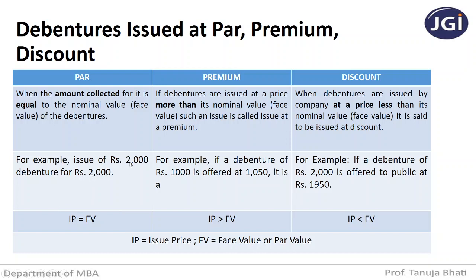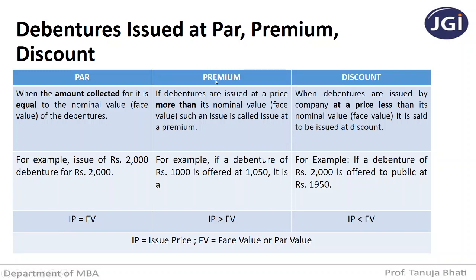So it is equal. When it is equal, it is said that debentures are issued at par. So when the issue price is equal to the face value. Here IP stands for the issue price and FP stands for the face value.